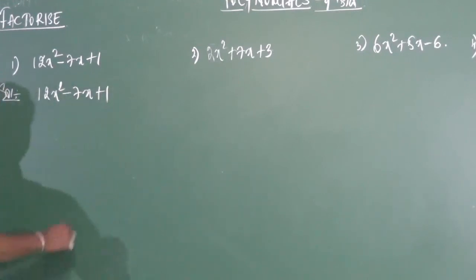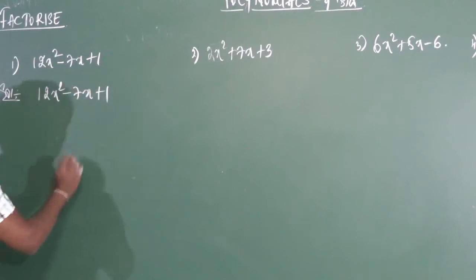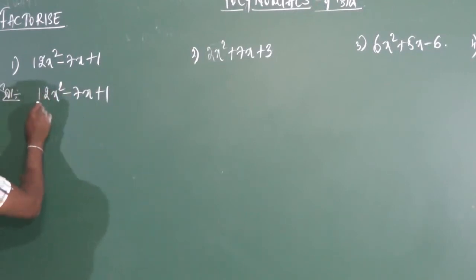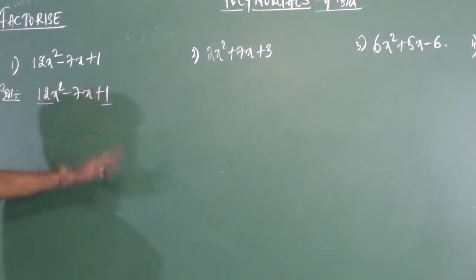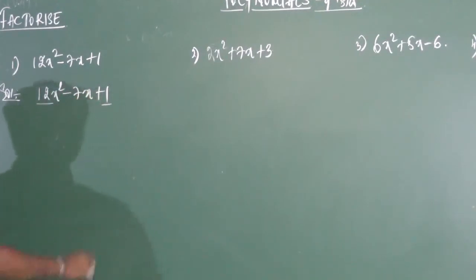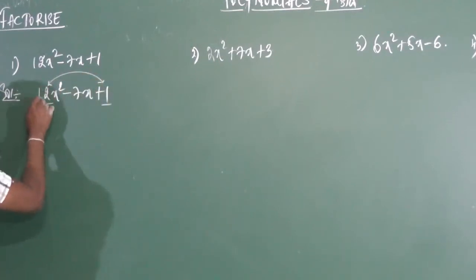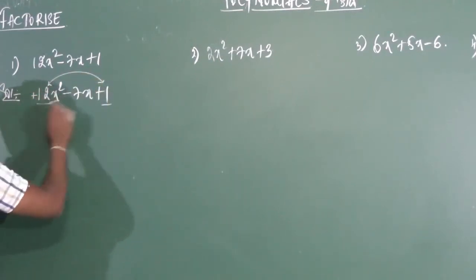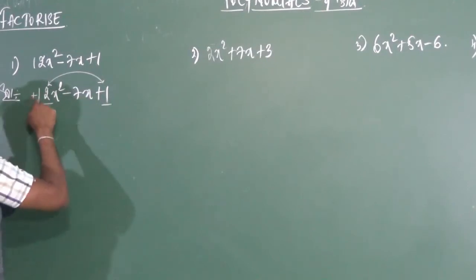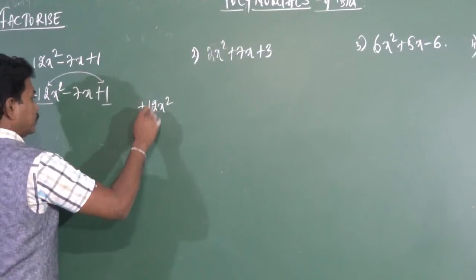Now that this is confirmed, the next step: 12x square and 1 are the extreme terms. Multiply those two extreme terms with their signs. 12x square has a plus sign and 1 has a plus sign, so plus 12x square into plus 1 is plus 12x square.